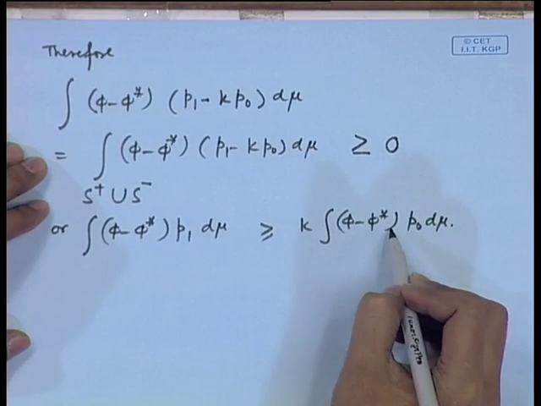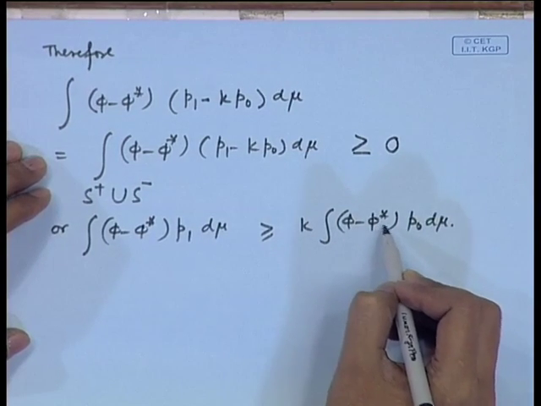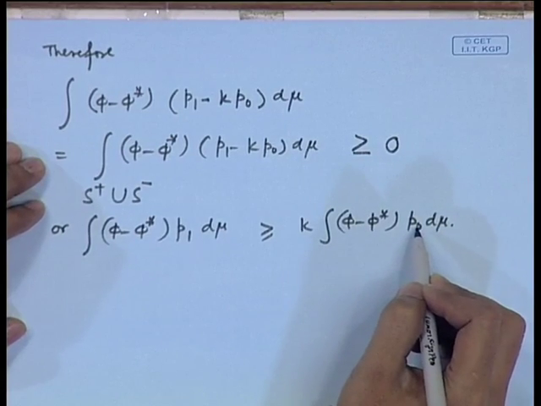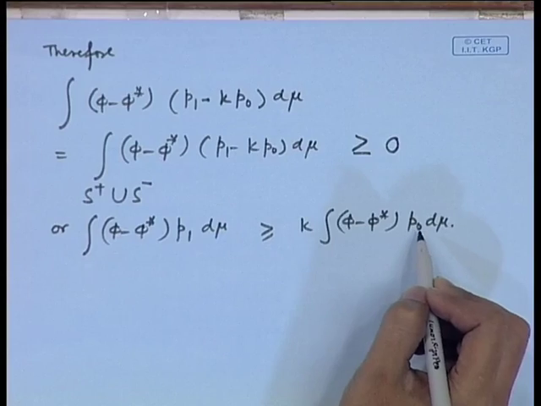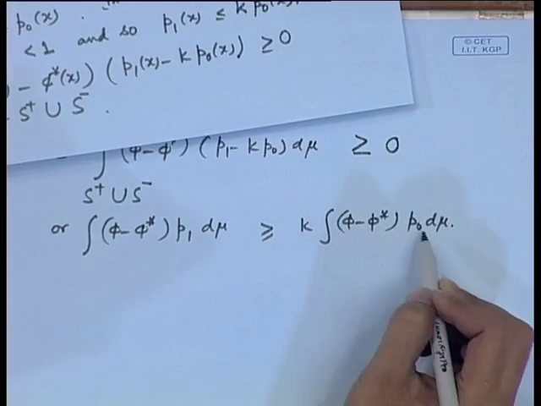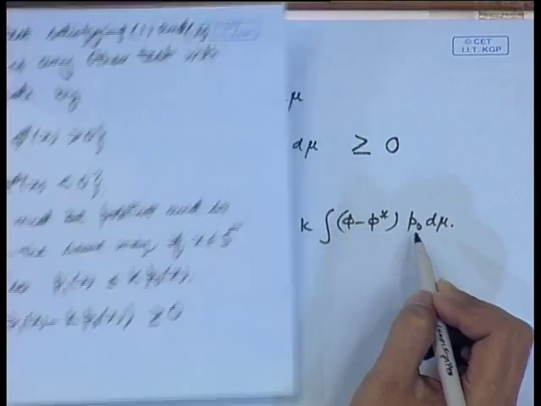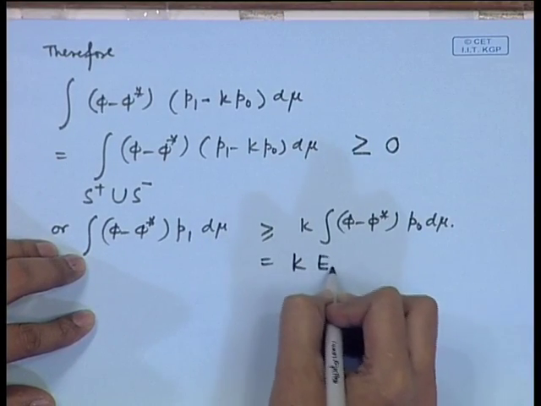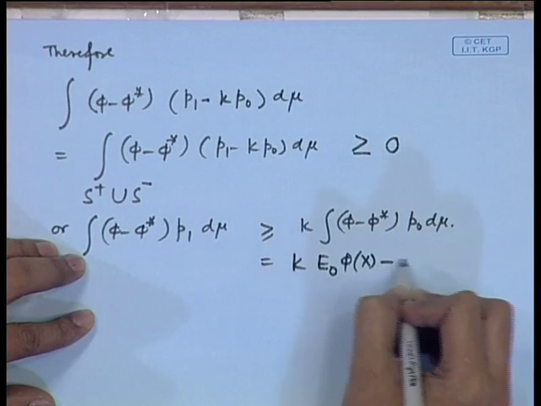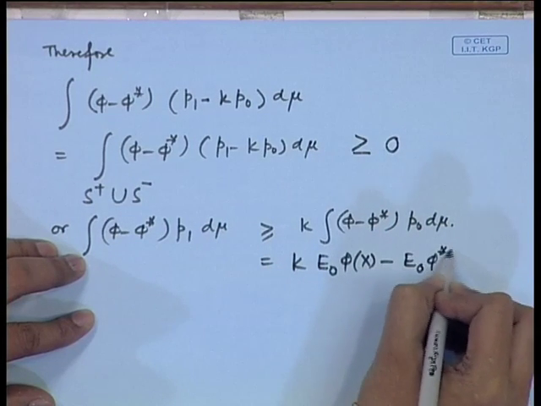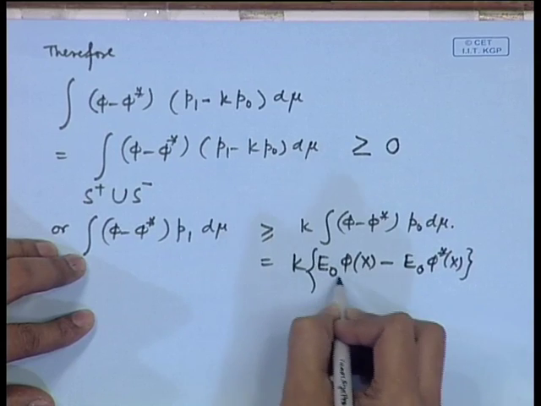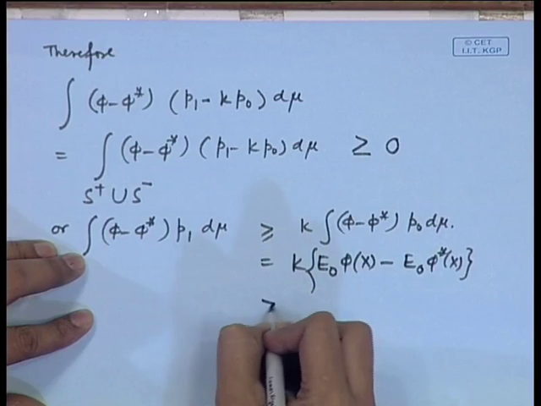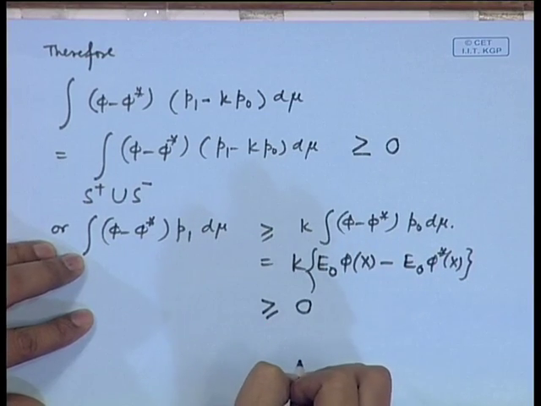Now, you look at the right hand side, this value is nothing but the expectation of phi under H naught minus the expectation of phi star under H naught. That is, we can write it as k times expectation naught phi x minus expectation naught phi star x. Now, expectation naught phi x is alpha and expectation naught phi star x we have chosen to be less than or equal to alpha. So, this is greater than or equal to 0.